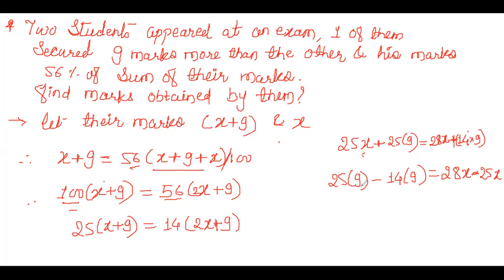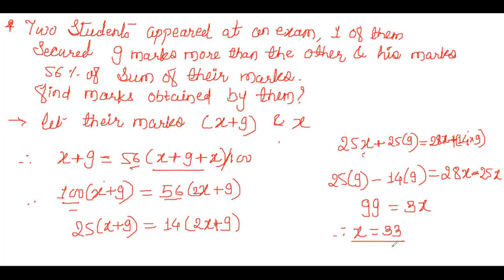Calculate it and tell me that answer. 25 into 9 minus 14 into 9 is equal to 28x minus 25x. 99 equal to 3x, or x equal to 33. Yes, 99 is equal to 3x. Therefore, x is equal to 33. Okay.